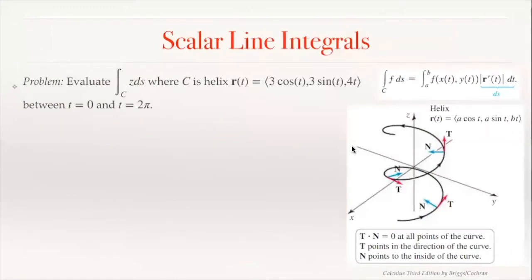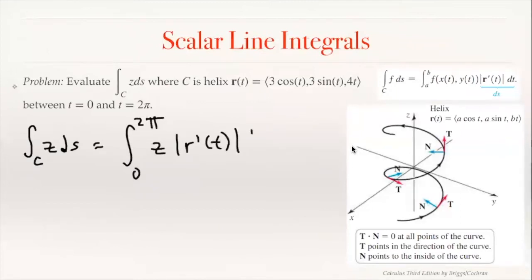Okay, so we already have our parameterization of C, and this integral will be the integral from 0 to 2 pi, the bounds on our parameter, of z times the magnitude of r prime of t dt. So we need to find r prime of t and find its magnitude.